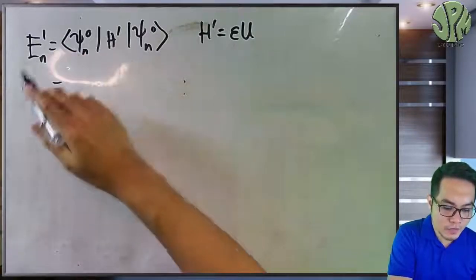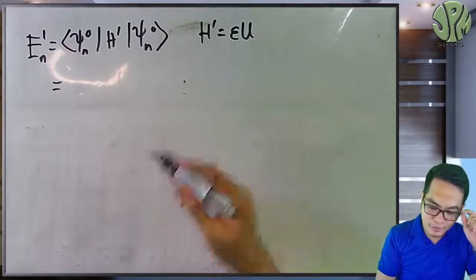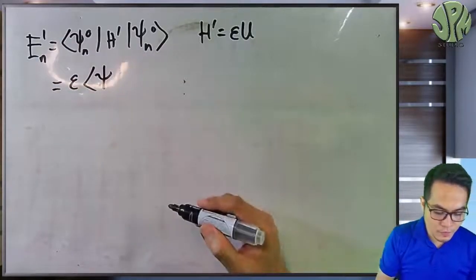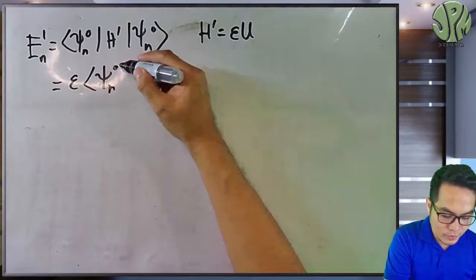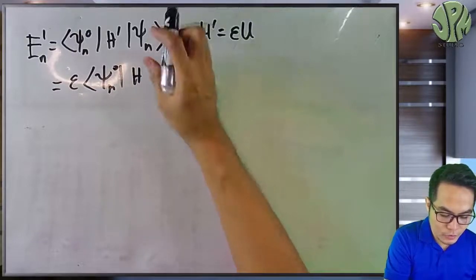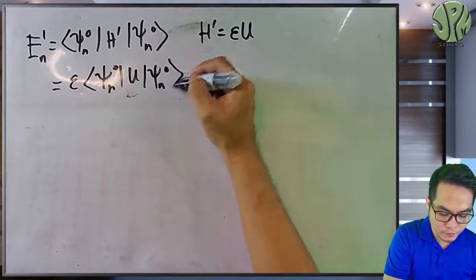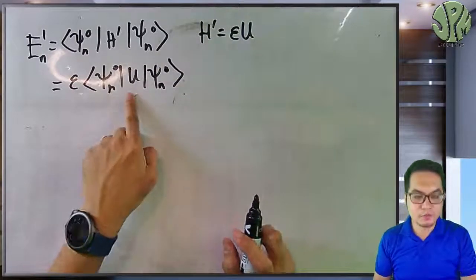We can take it out of the expectation value, and you are left with epsilon times the expectation value of psi n0, U, psi n0. And what is this one?